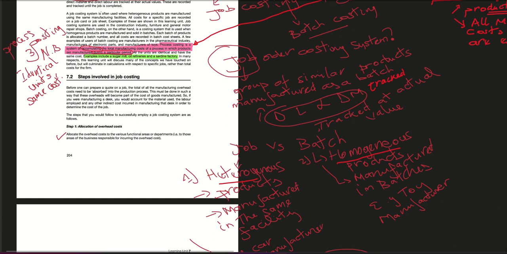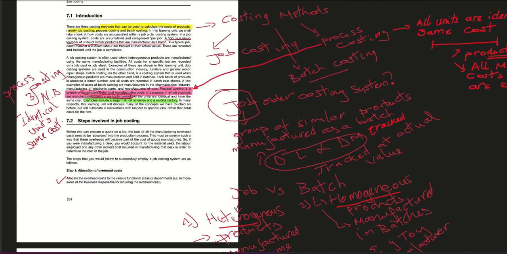So that is quite important. In many respects, this learning unit will discuss many of the concepts we have touched on before, but will culminate in calculations with respect to specific jobs. So we're going to emphasize specific jobs rather than the total cost for the firm.